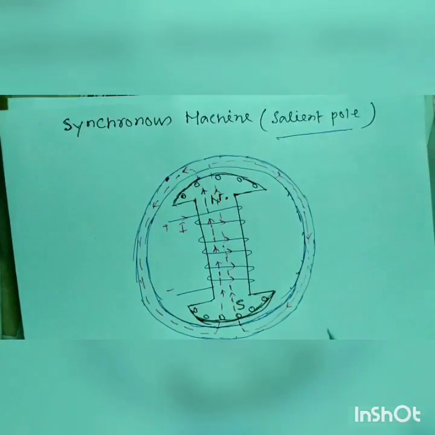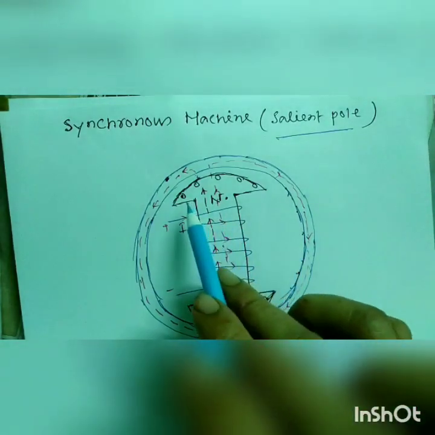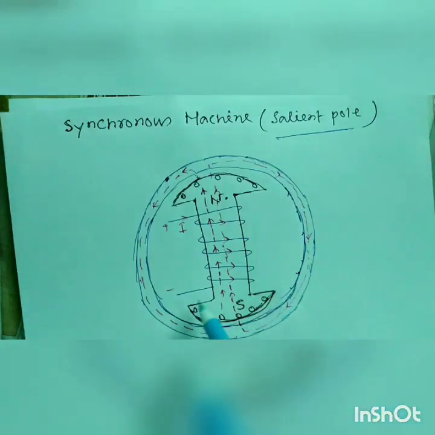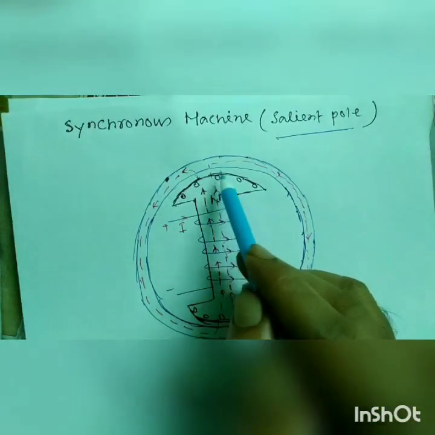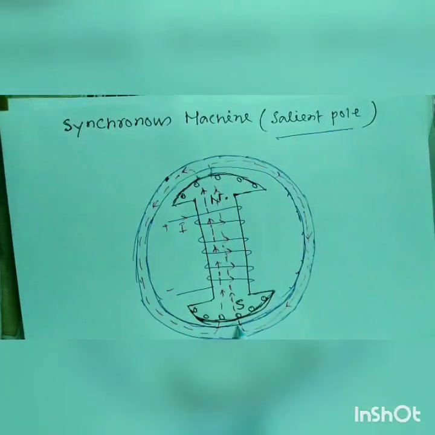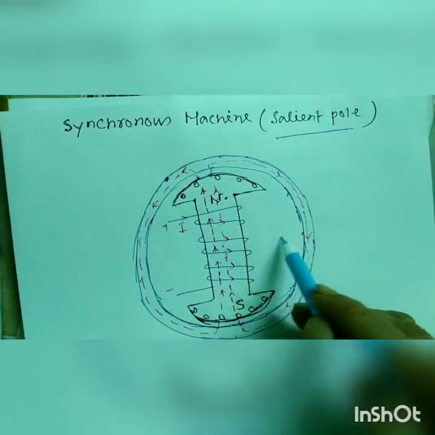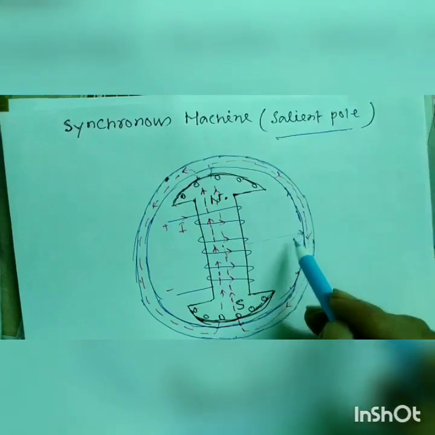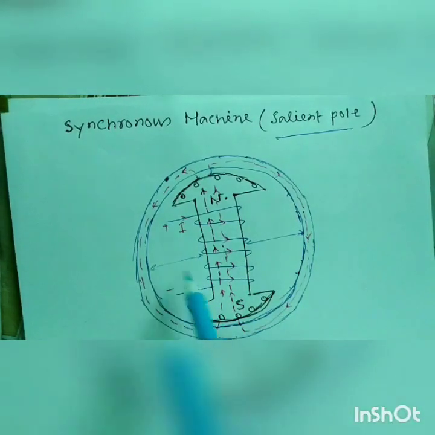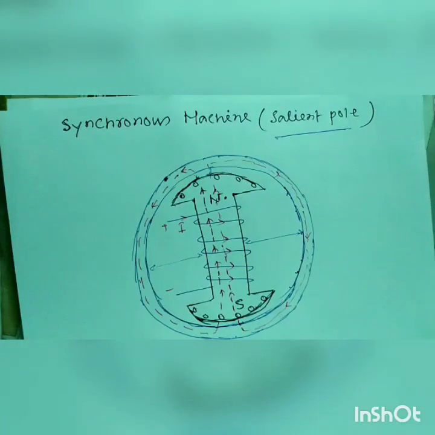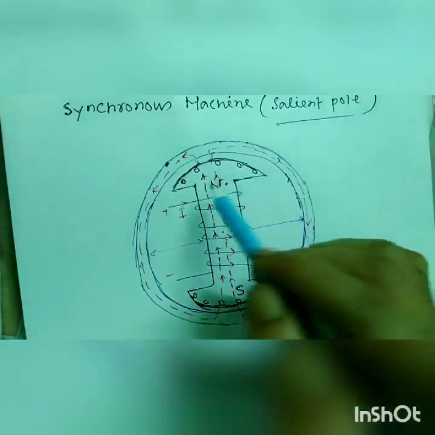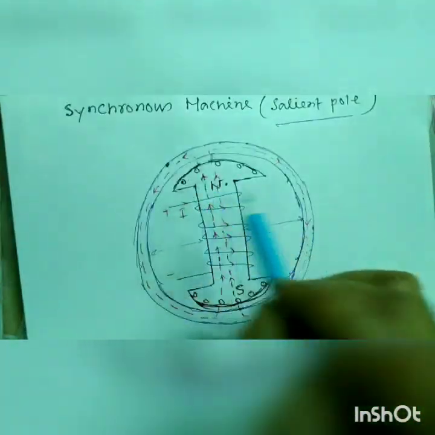So let's see. You can see from here there is a non-uniform air gap. Here the air gap is minimum. Here is also minimum, but here the air gap is maximum. Here also maximum air gap. So from here we can say that the air gap is non-uniform.